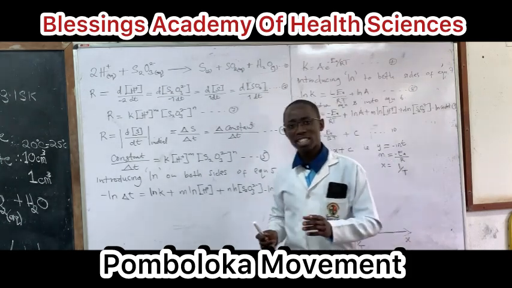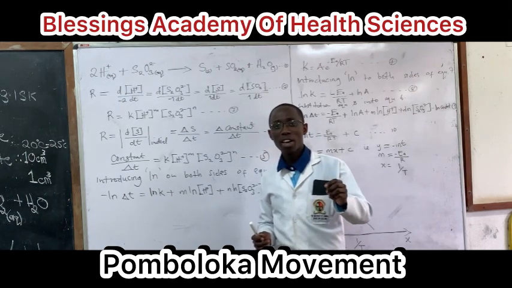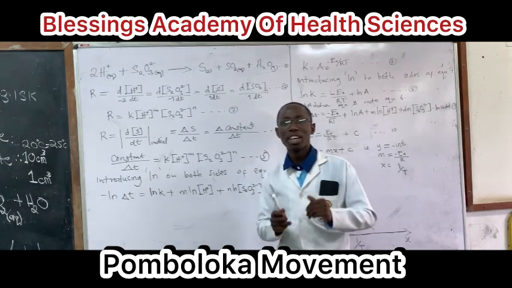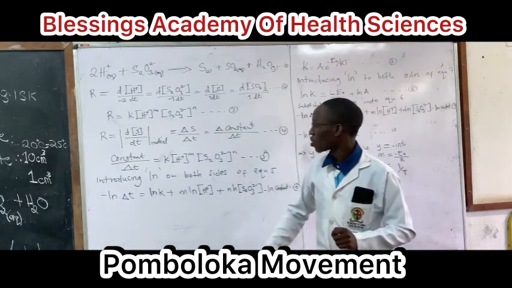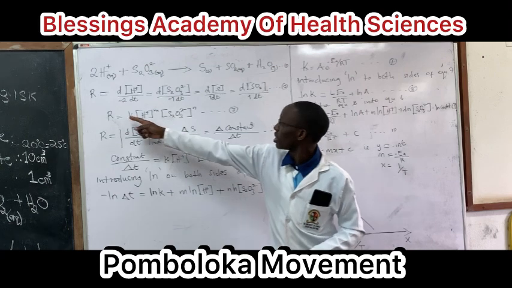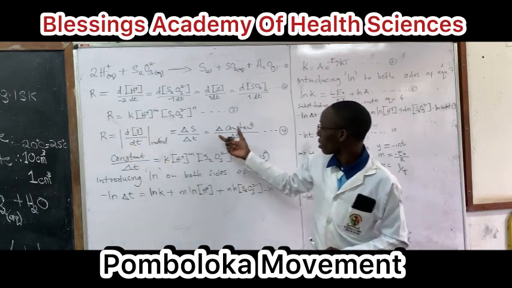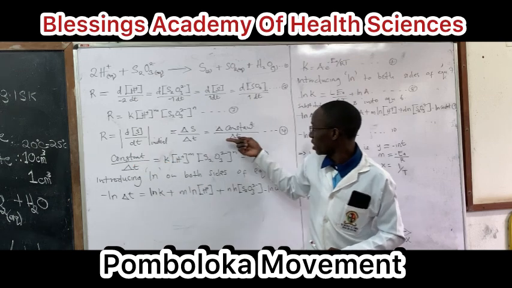So we expect that if we produce the same amount of sulfur at different temperatures, the time difference would be there. So in this case, we have this equation that is substituted into equation 3. Where we have the rate, we have substituted this part in.